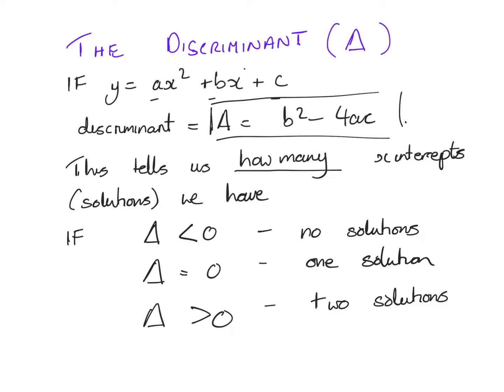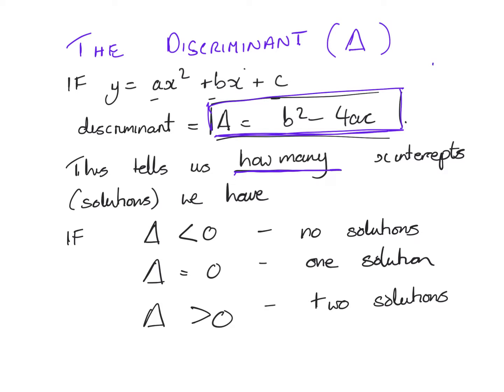The discriminant is something that we use to work out how many solutions we actually have without actually having to work them out. And the discriminant, we use a triangle as the symbol, and it's equal to b squared minus 4ac. If you take a really close look at that, you'll notice that's the inside bit of the square root in the quadratic formula. So what we're saying is if that inside bit is less than 0, it's negative, then there's no solutions.